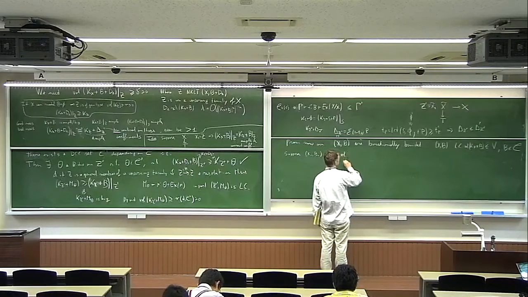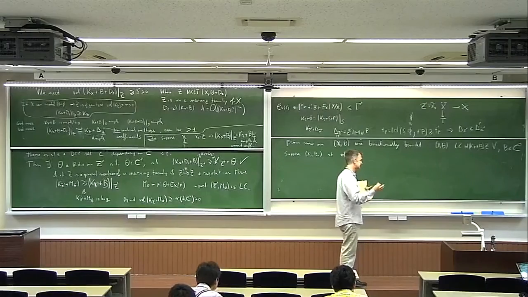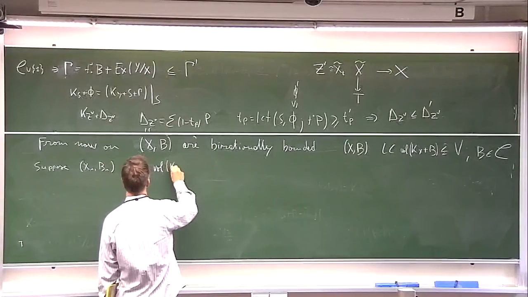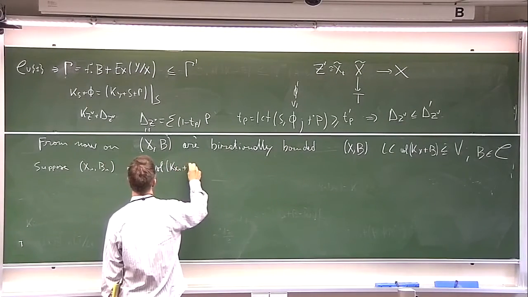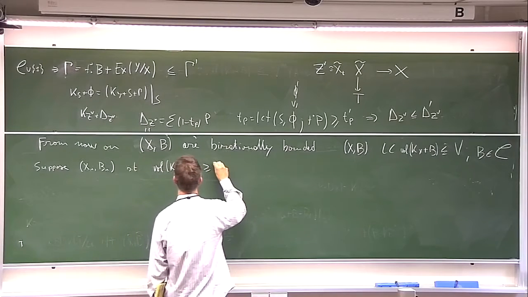So how could the volumes fail to be a DCC set? Then I would have to have that the volume of K_{X_i} plus B_i. Okay, let's assume that I have a weakly decreasing sequence.